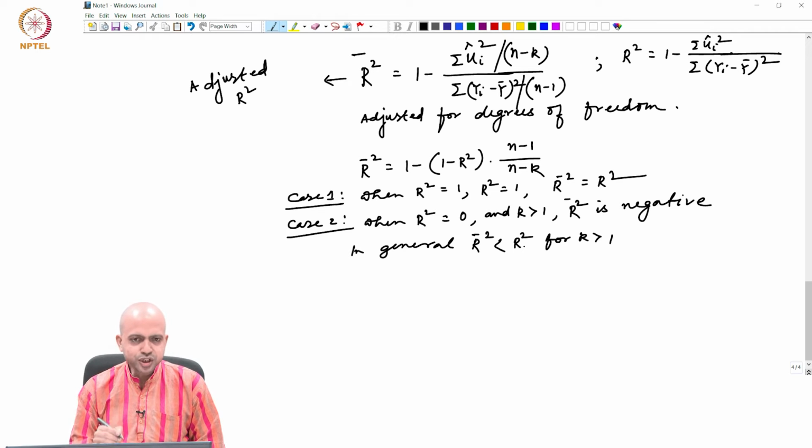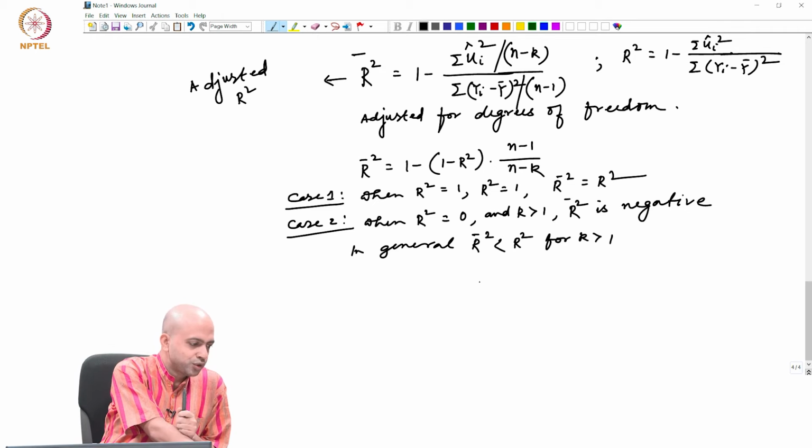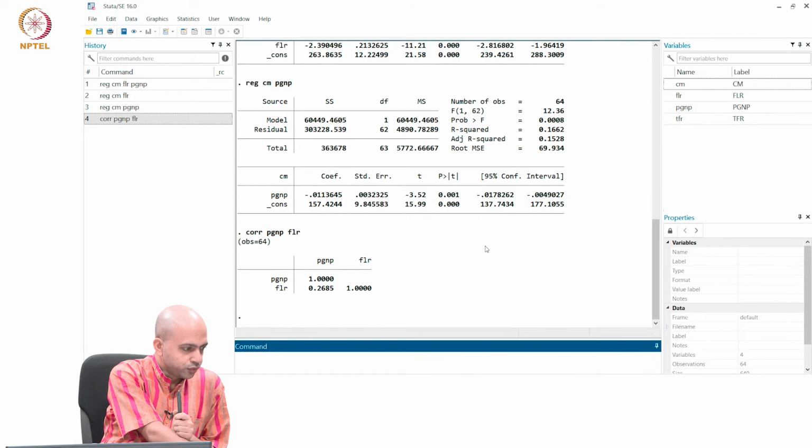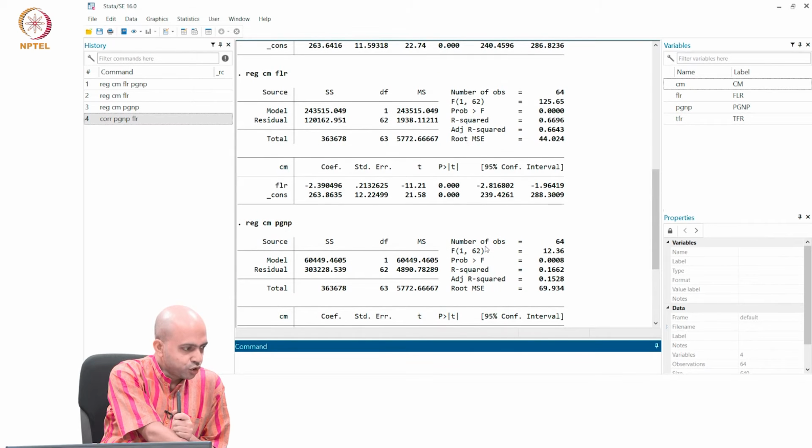Now, the question is, among these two goodness of fit measures, which one is best? Econometricians say that nothing is better than the other; rather, we need to report both R square as well as adjusted R square when we compute the model. For example, when you estimate the model, it gives R square as well as adjusted R square, and you see adjusted R square is always lower than the R square.